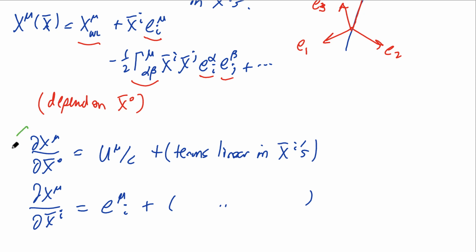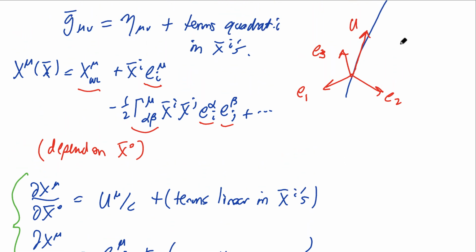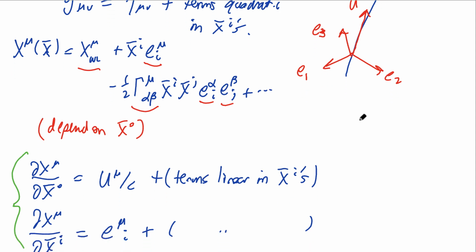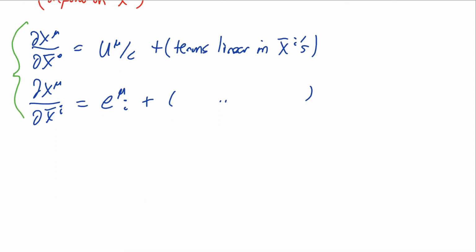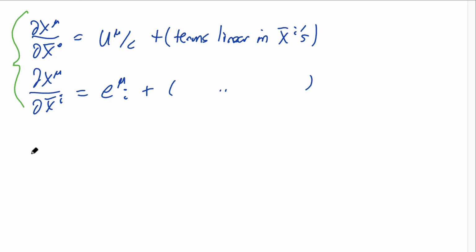Now, the reason I'm writing down these results is to help make clear something that might be obvious to you anyway, and that is that these basis vectors in Fermi normal coordinates, the components of these vectors are all ones and zeros. So, for example, if we look at the forward velocity, let's look at it as a covector in Fermi normal coordinates, so the barred components of u sub mu, this is equal to partial x^nu with respect to x bar mu u_nu.